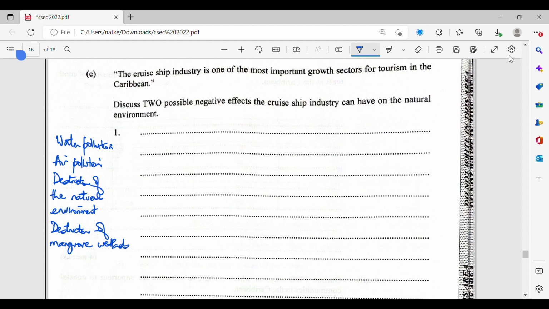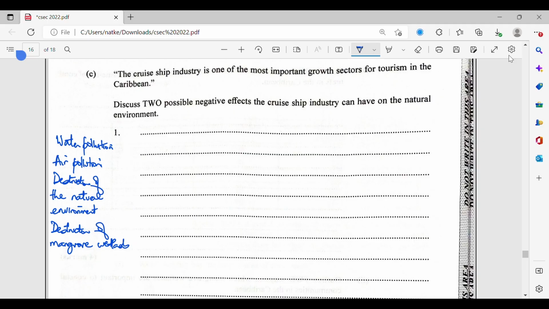For the threatened marine and coastal ecosystems, we can talk about the displacement of marine life when the development of this sector is going to take place. We can talk about how beaches are removed or how beaches are destroyed. That would also come under the destruction of the natural environment.